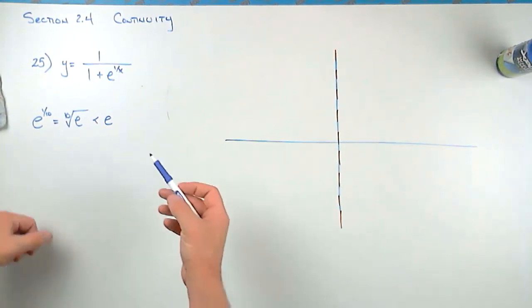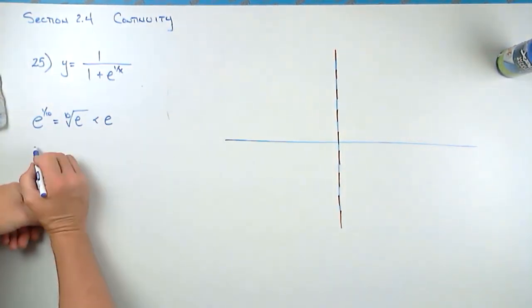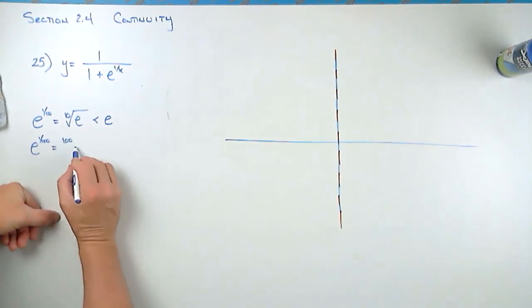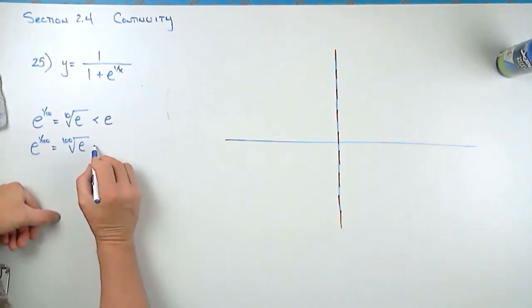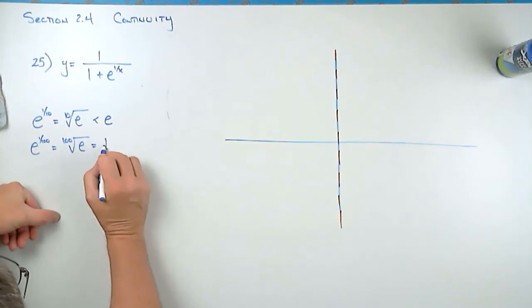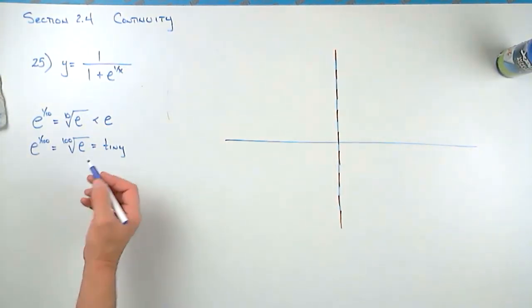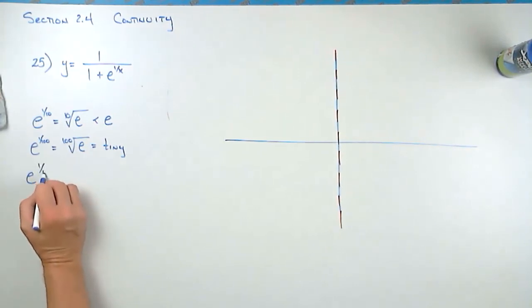If I put 100 in here, I get e to the 1/100th. That's the 100th root of e. And that's small, that's tiny. If I put 1,000 or 10,000 in there, I get e to the 1/10,000th.